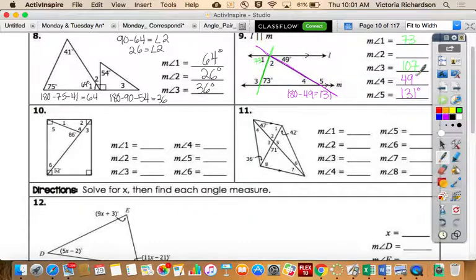So 180 minus 73 is 107. And then the last angle I need to find is angle 2. So remember, this is also a straight line. So I can do 180 minus 73 minus 49, and that will give me the measure of angle 2, which is 58 degrees.